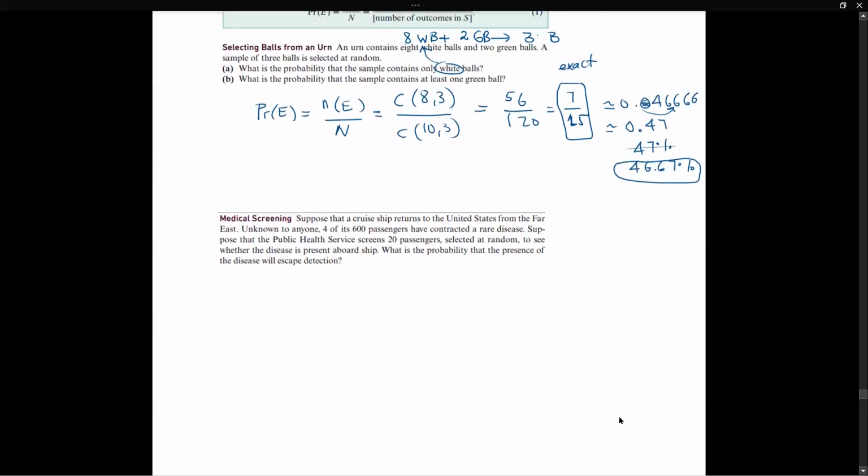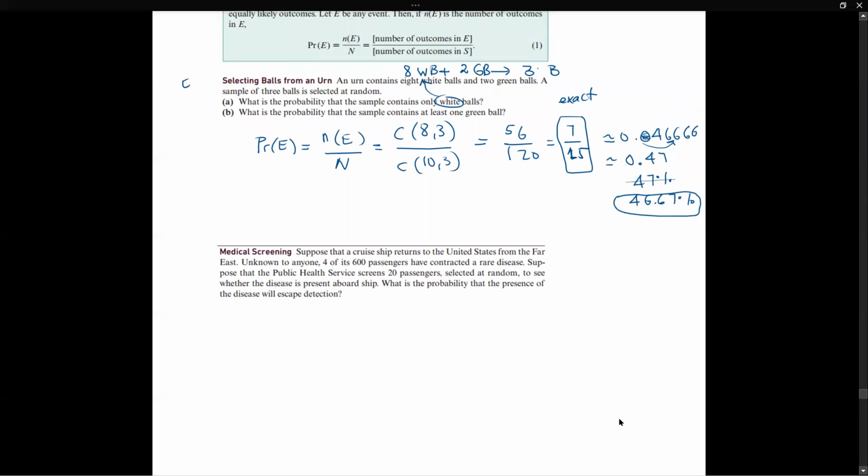So another example. Let's call this one here 1 and 2. This is about medical screening. Suppose that a cruise ship returns to the United States from the Far East, and unknown to anyone, 4 of its 600 passengers have contracted a rare disease.